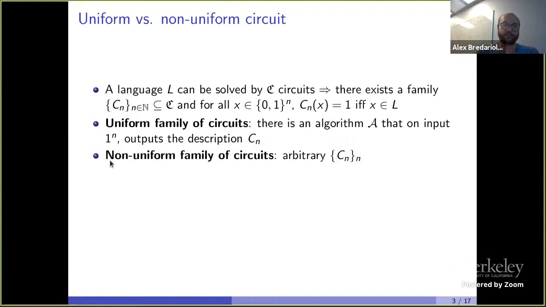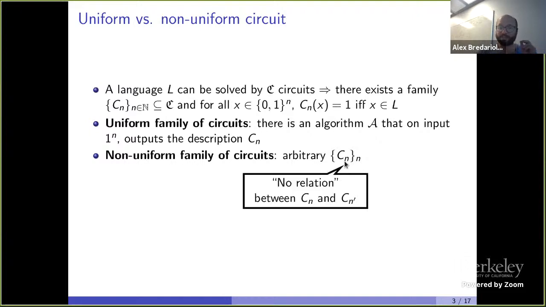This is in contrast with the non-uniform family of circuits, where now we have an arbitrary set of circuits, one for each input size. And the point is, in this case, these families can be very heterogeneous, and there might be no relation between Cn and Cn prime for n different from n prime.